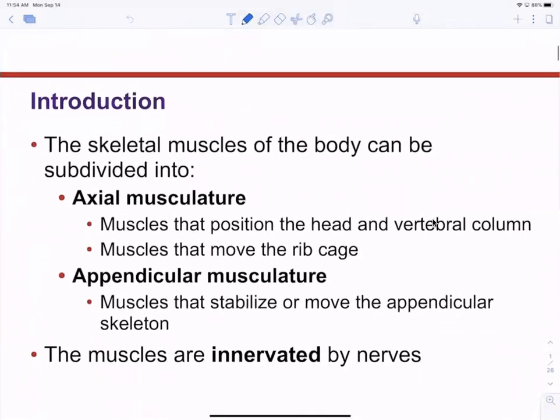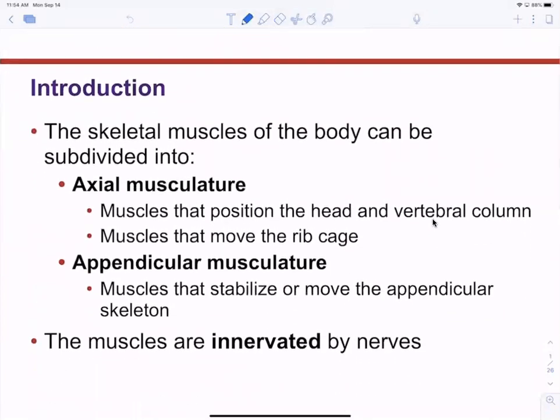So like the axial skeleton and appendicular skeleton, the axial musculature is really the muscles that are arising on the axial skeleton. And so they're going to include muscles that are on the face, on the head, neck, your spine, and anything kind of related to that.